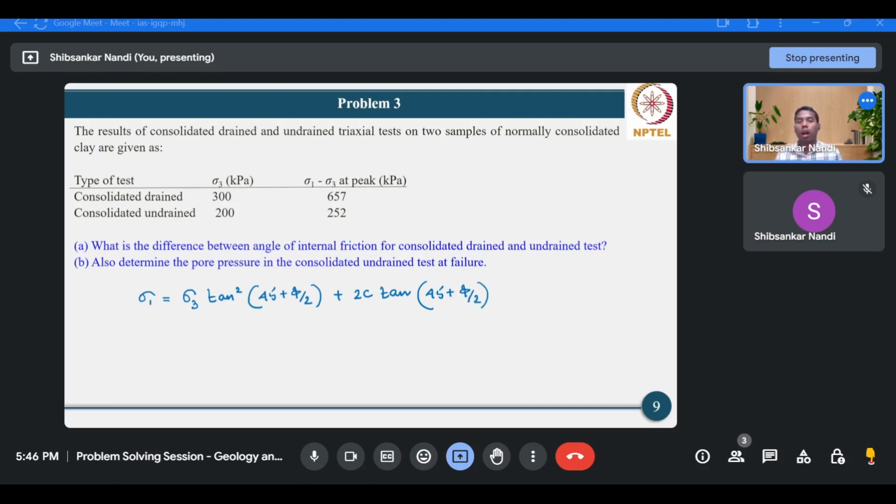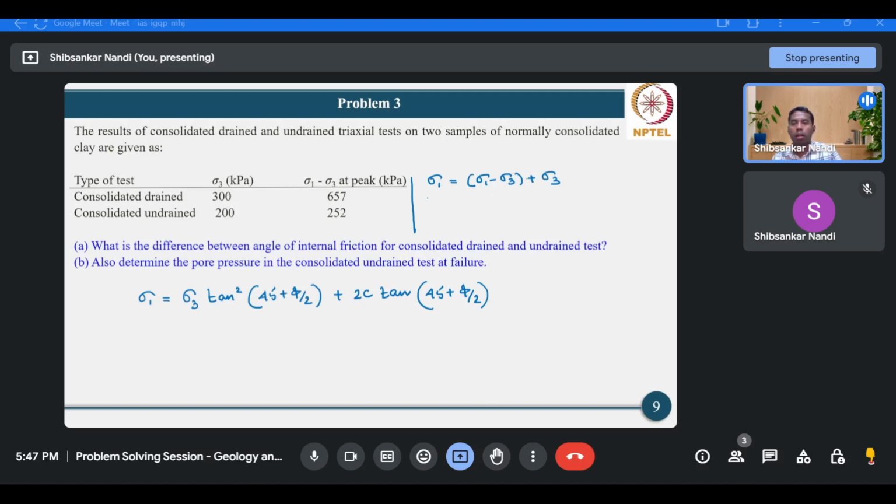Now we know the sigma 3 for each of these tests, whether it's consolidated drained or undrained, and we know sigma 1 minus sigma 3. So we can make an additional calculation here, and that is sigma 1. Sigma 1 will be sigma 1 minus sigma 3 plus sigma 3.